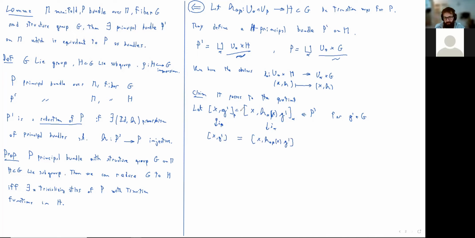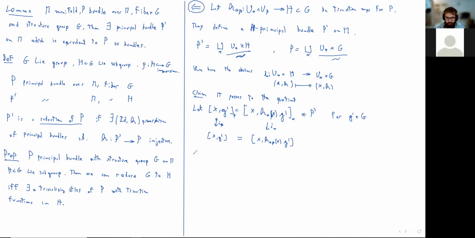The thing that you have to be a bit worried about, because this seems very much a tautology, is that these equivalence classes here are for this relation, while these equivalence classes here are for this relation. And the point is that they're the same. So that's what this claim is about. The fact is that this is just a bit bigger, and in fact, this map is not surjective, but just injective.